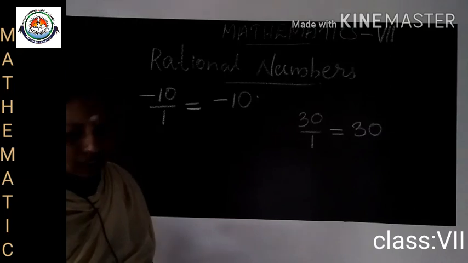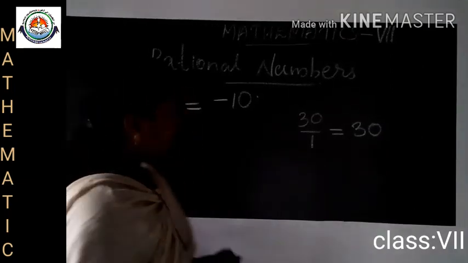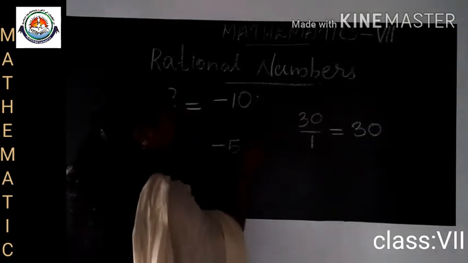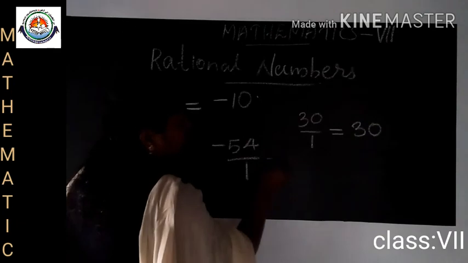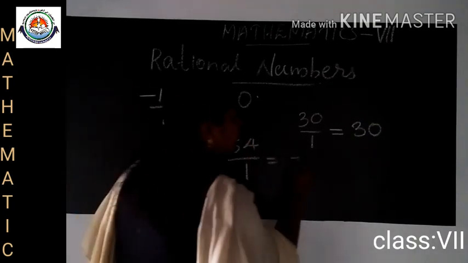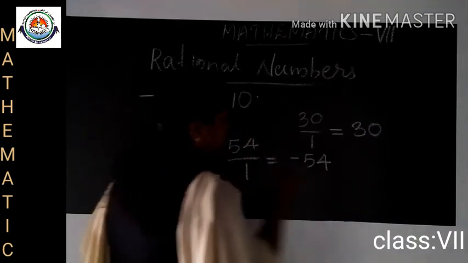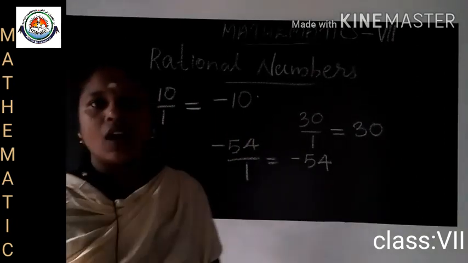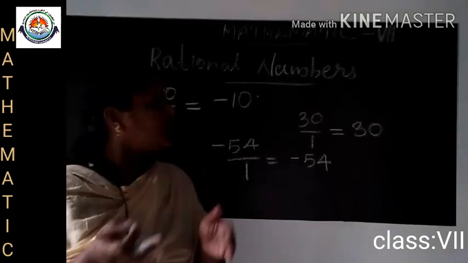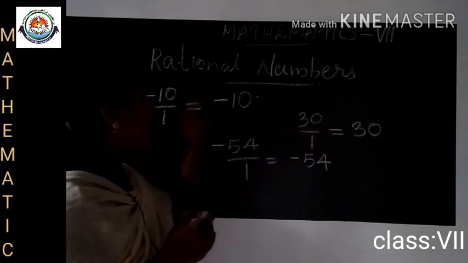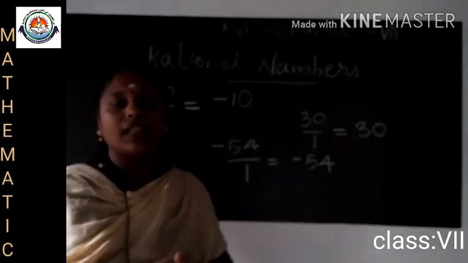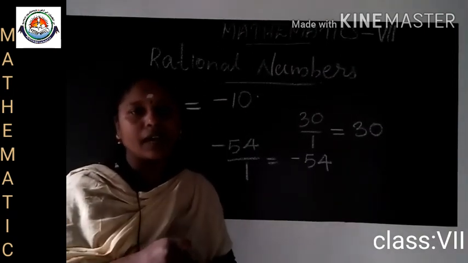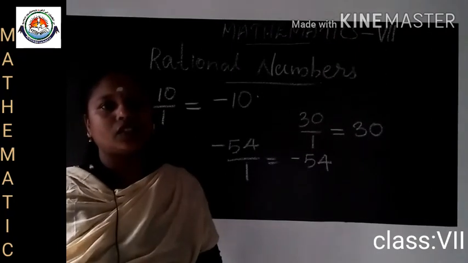Then next, negative 54 by 1, which is equal to negative 54 because the denominator is 1. So if the denominator is 1, we can express those rational numbers as integers.